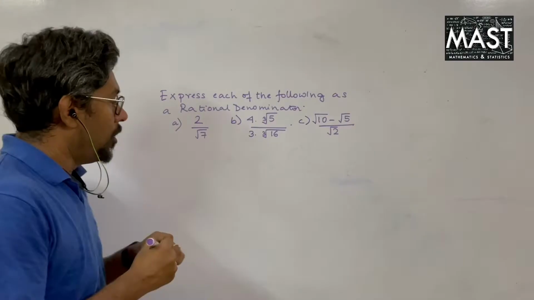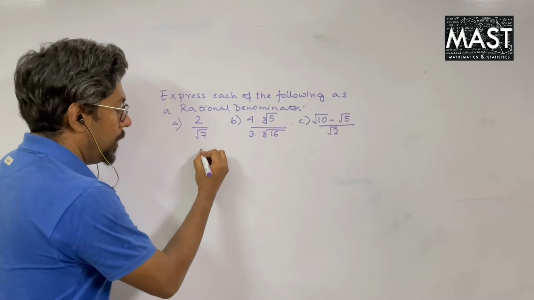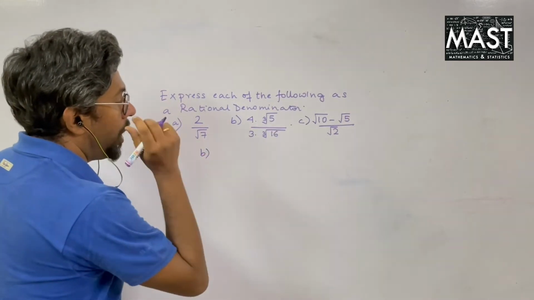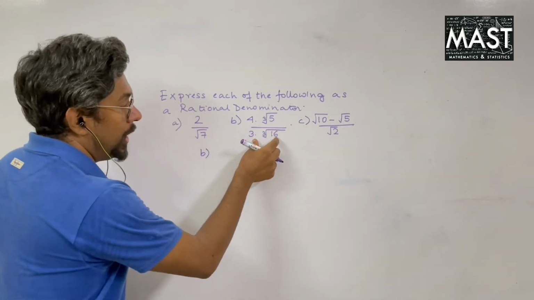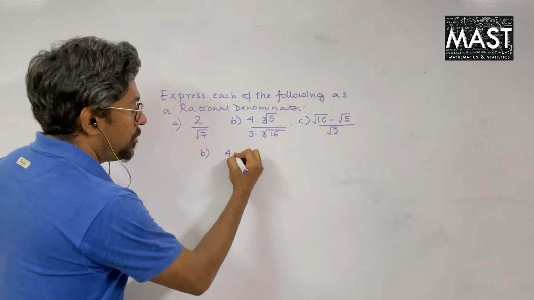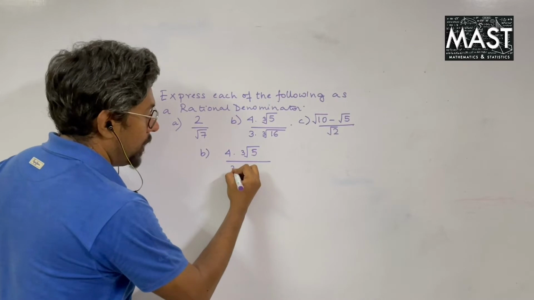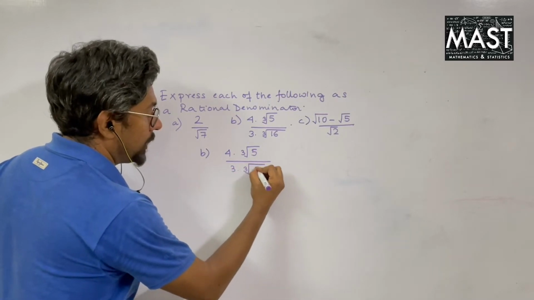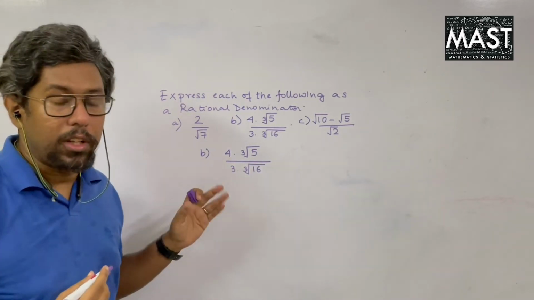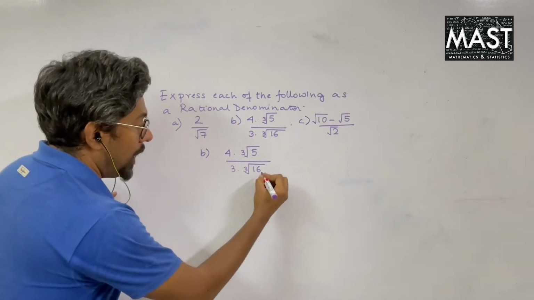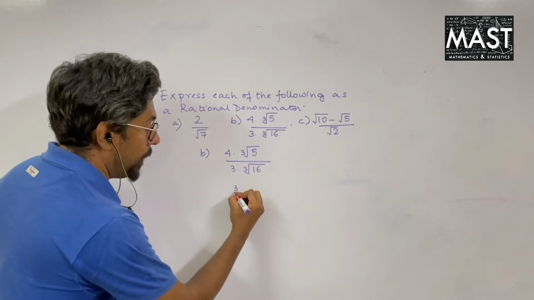For part B, we have another monomial surd in the denominator, which is 4 into cube root of 5 by 3 into cube root of 16. For this sum, let us first simplify the denominator.